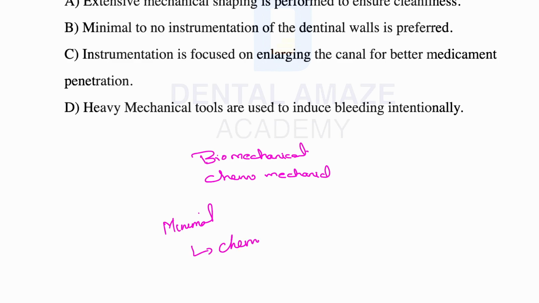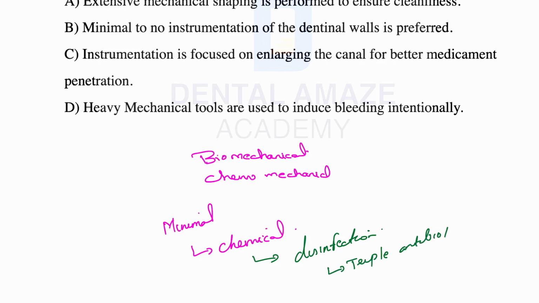We follow a chemical methodology for your preparation. Okay, chemical, or more specifically for your disinfection, and minimal instrumentation. So what is being used as a disinfectant? Basically, as I've told you, triple antibiotic paste.